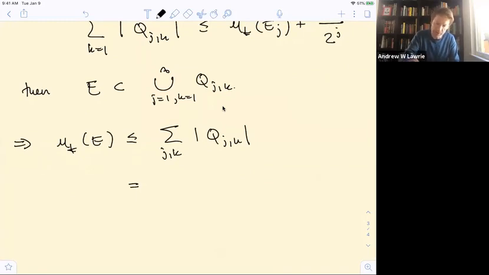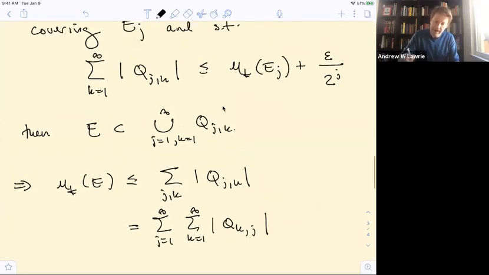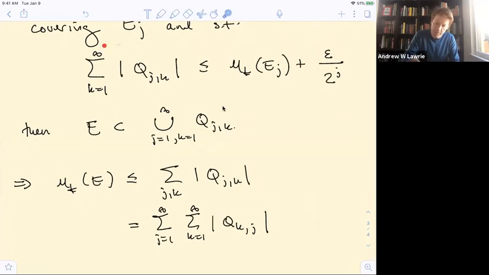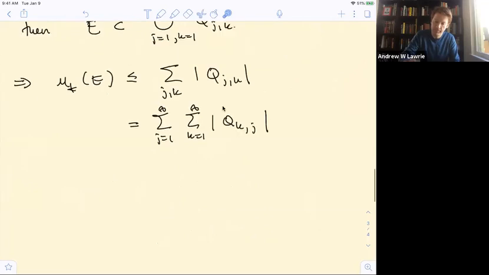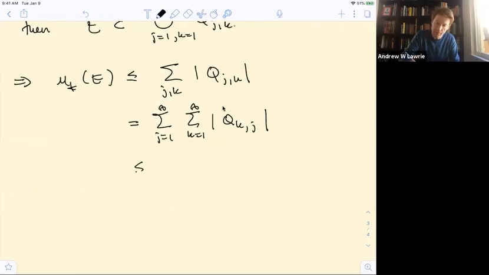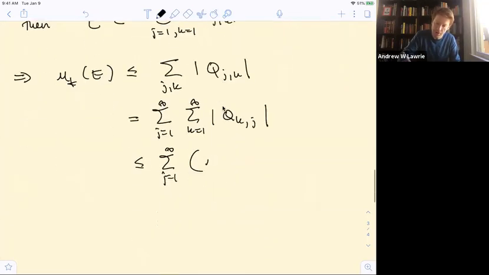which is just equal to a double sum, right? I've built these so that the inner sum satisfies this inequality. So this is less than or equal to the sum from j equals 1 to infinity of mu star of EJ plus epsilon over 2 to the j.